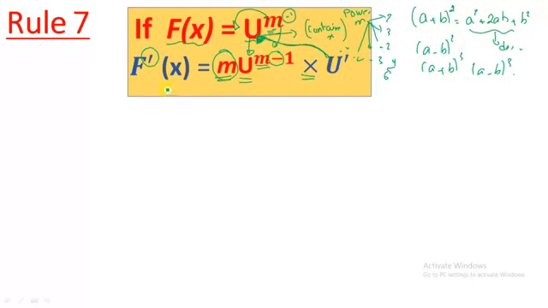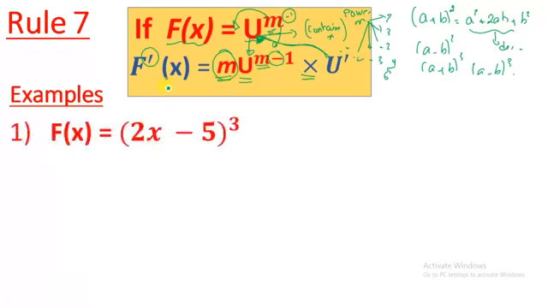Let's see a simple example. First, if I have f of x equals 2x minus 5, it is a function raised to what? Raised to a power. The function is 2x minus 5 and the power is 3. So we can use rule 7. In this case, we will suppose that u is equal to 2x minus 5 and the power is 3.